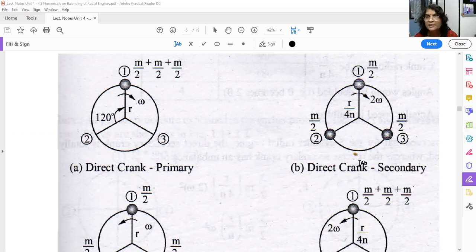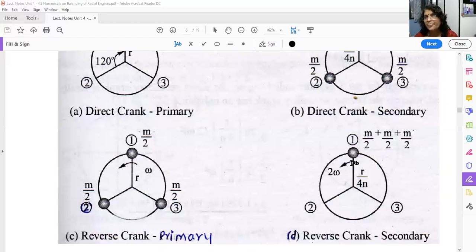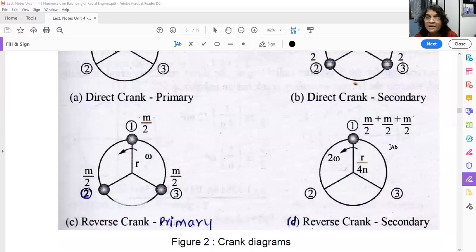Okay. Now, let us analyze this one. What is the magnitude of the secondary unbalanced force? Mr omega square upon n. But there are three masses, m by 2 plus m by 2 plus m by 2, because we have made it half. So it will be 3 into m by 2 r omega square upon n.